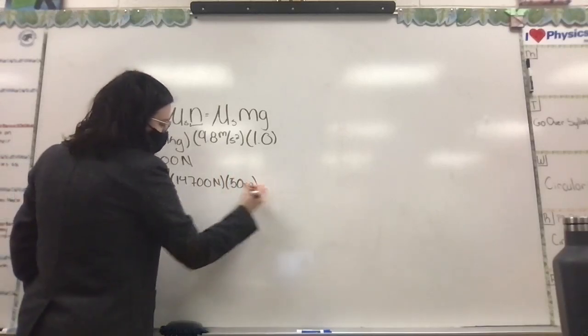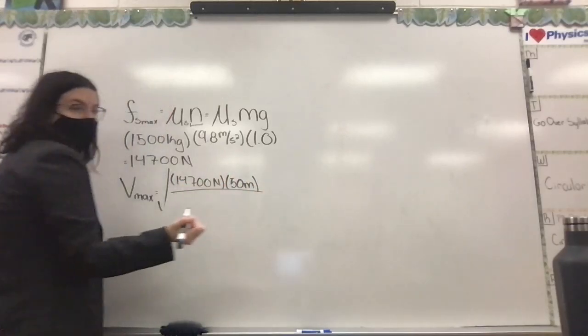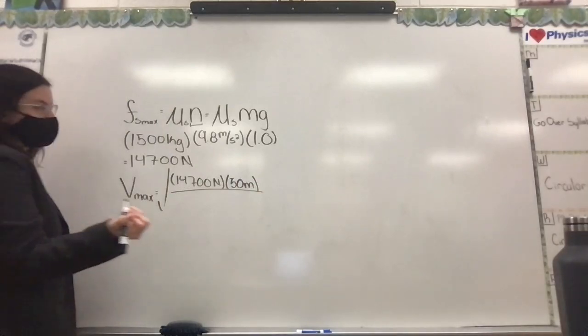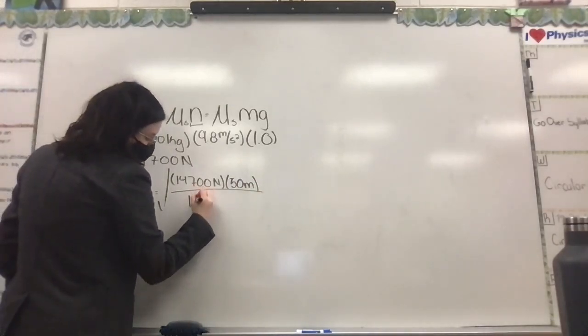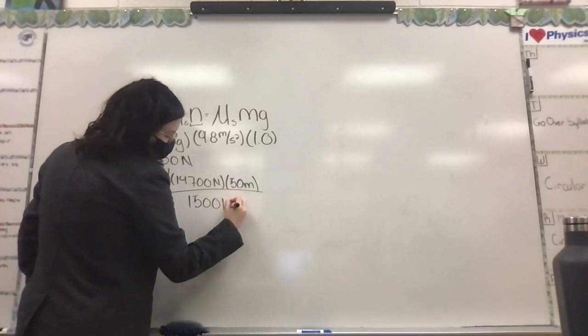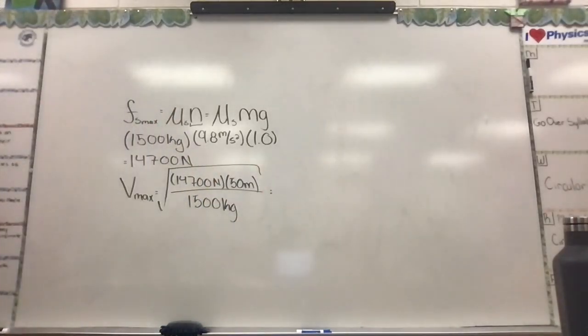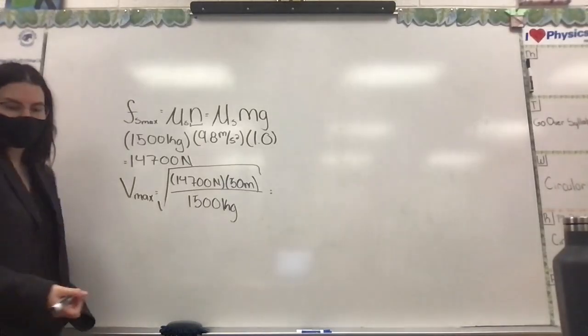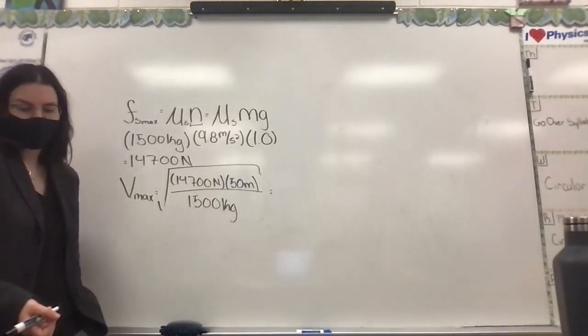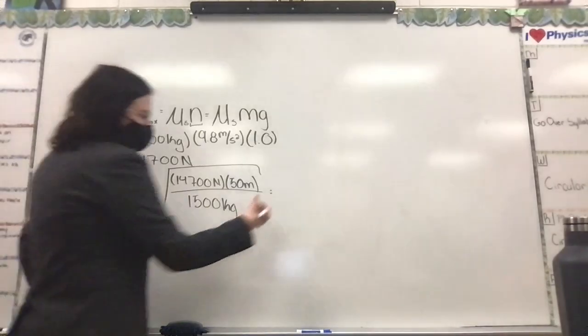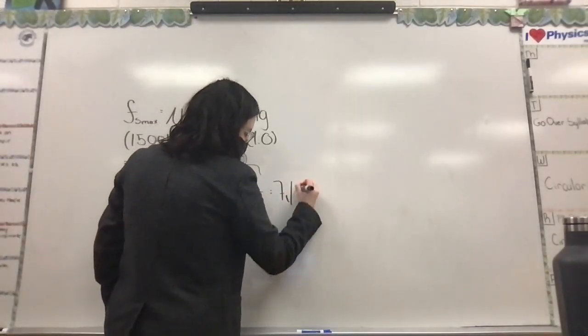And what are we dividing it by? Mass. What's our mass? 1,500 kilograms. Okay, what's our maximum velocity? 7 radical 10, which rounds to 22.14 meters per second.